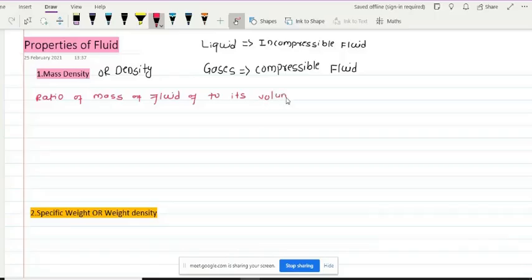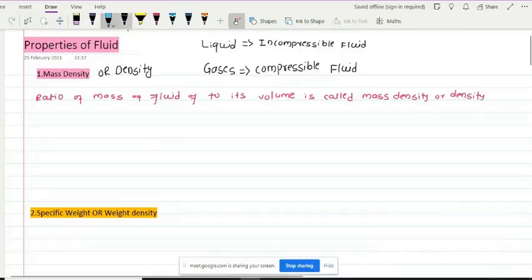It is called mass density, or simply density.